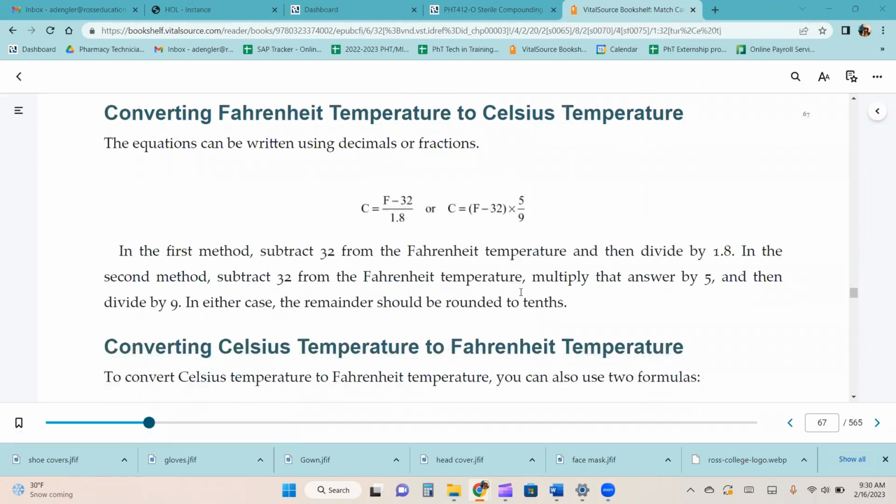However, if you've learned it a certain way and that works for you and you get the right answer, go ahead and use whatever equation you want. So in the first method, we subtract 32 from the Fahrenheit temperature. So we would plug in whatever the Fahrenheit temperature is that we're converting to Celsius here. And then we would divide it by 1.8.